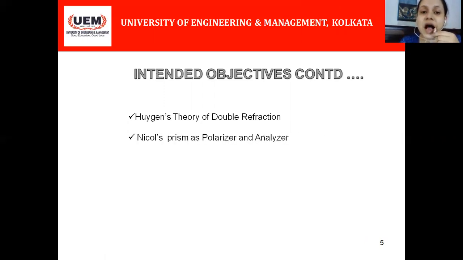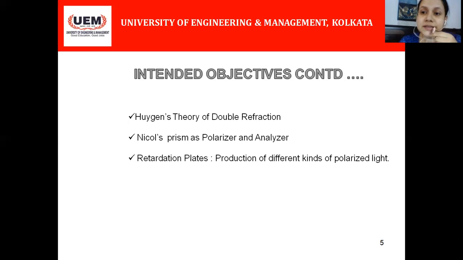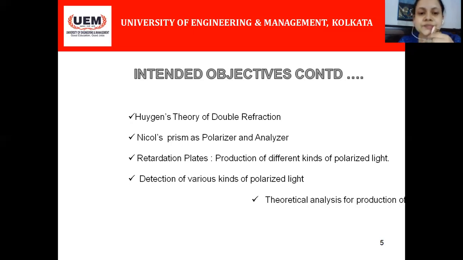Then we would see how Nichols prism can be used as a polarizer as well as an analyzer. Next, we would be understanding what are retardation plates and how they can be used to produce as well as detect various kinds of polarized light. Next, we would go into detection of various kinds of polarized light using an analyzer and a retardation plate.